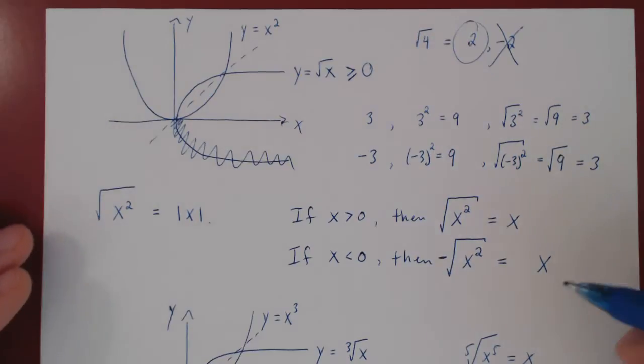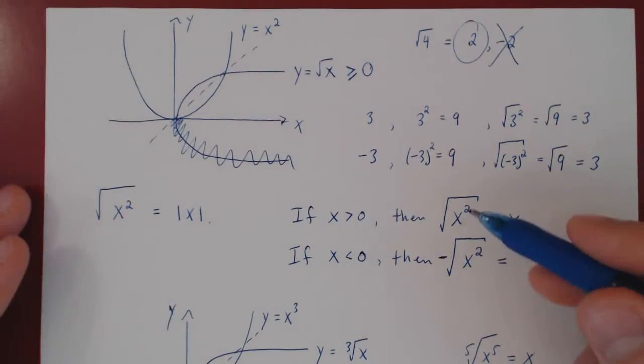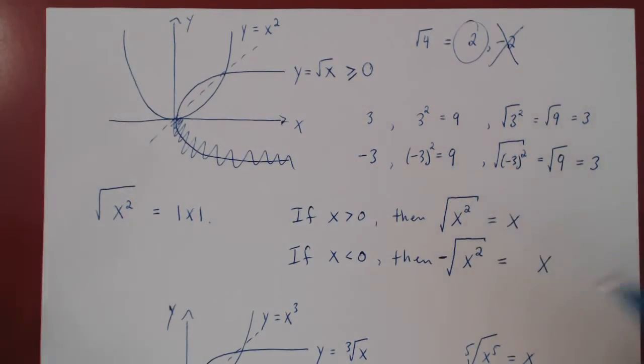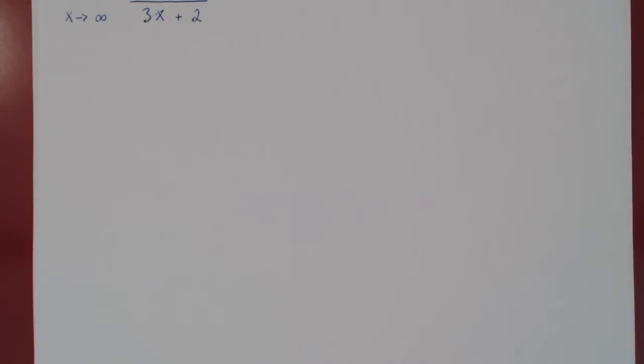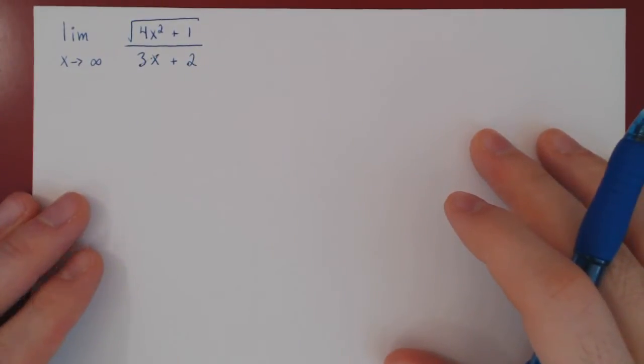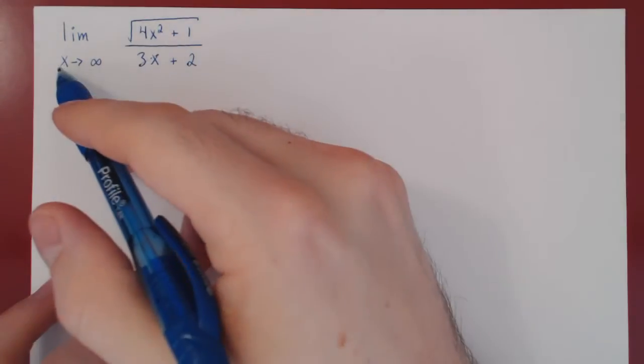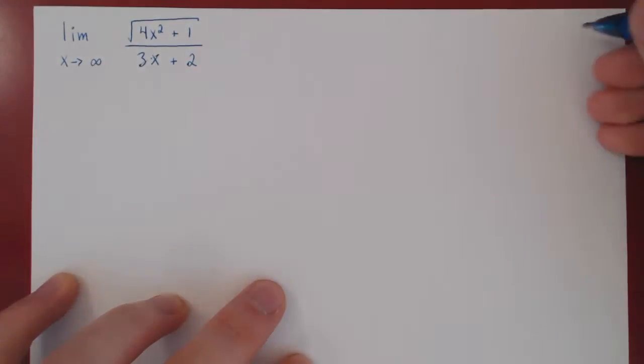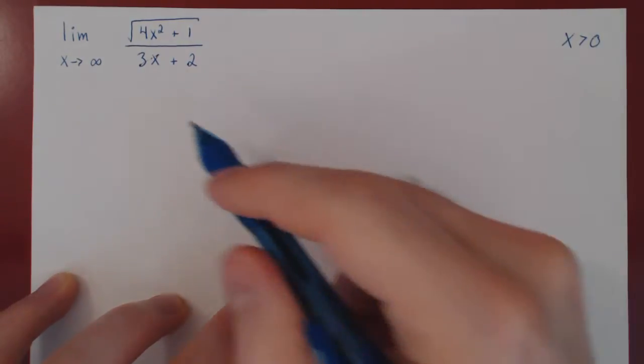Let's look at 2 examples or 3 examples to see why this is sometimes a cause for errors. So here's the example. We are letting x approach positive infinity. Notice now that x is positive, very large and positive.